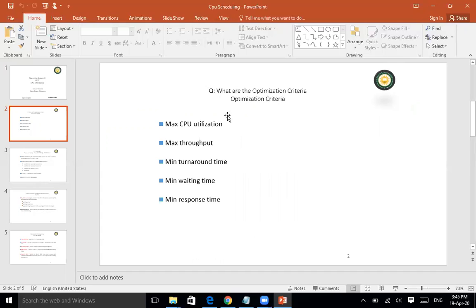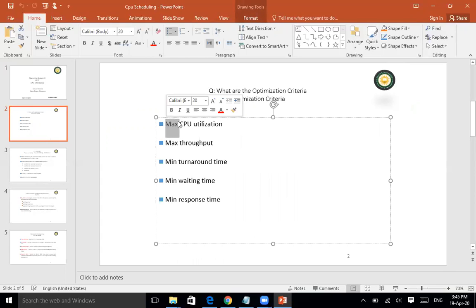We maximize CPU utilization and maximize throughput, and we minimize turnaround time, minimize waiting time, and minimize response time. Those 5 points are the optimization criteria for CPU scheduling.